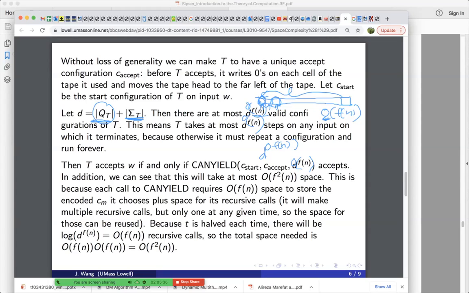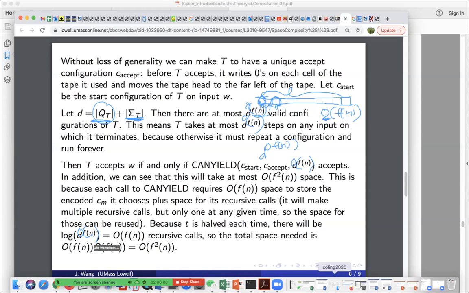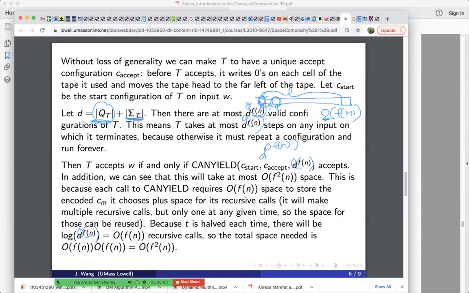From the earlier analysis, we know that the depth of this recursion tree is log of d to the big O, which is simply big O of f of n recursive calls. That means that the total space is big O of f of n squared.